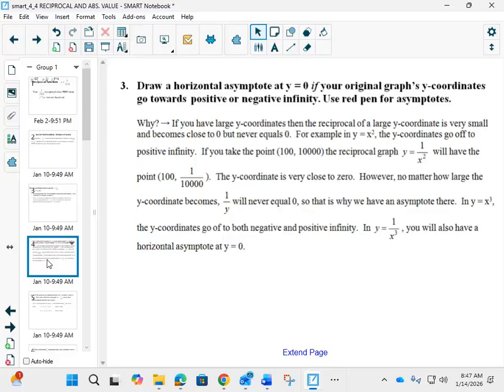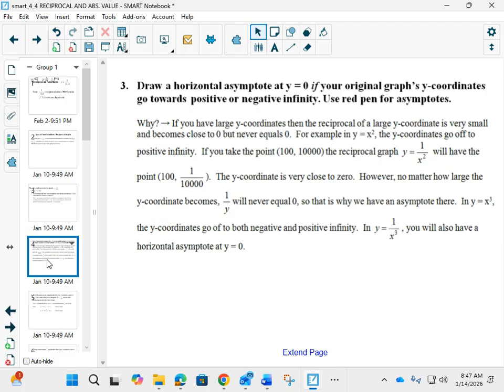If the degree was the same in your numerator and your denominator, then you had a horizontal asymptote at the ratio of the coefficients of that highest degree. And if the degree was bigger in the bottom, then you ended up with a horizontal asymptote at y equals 0.